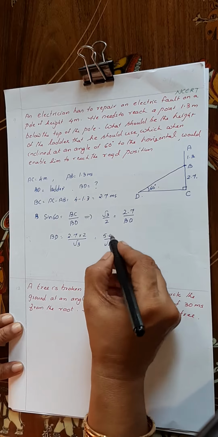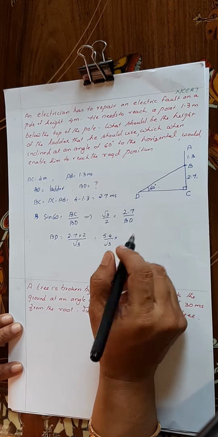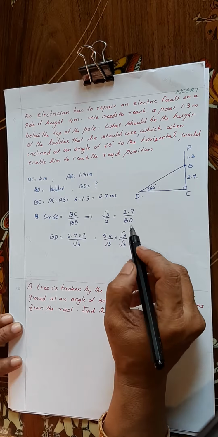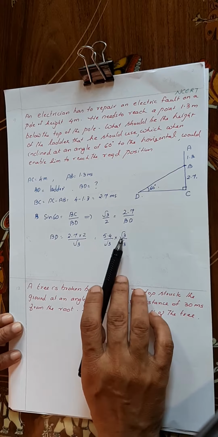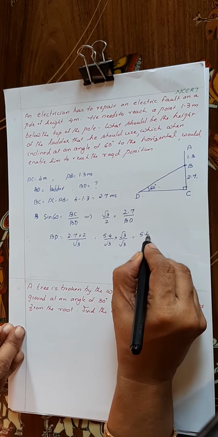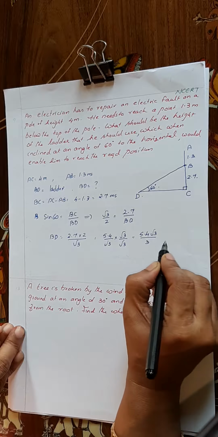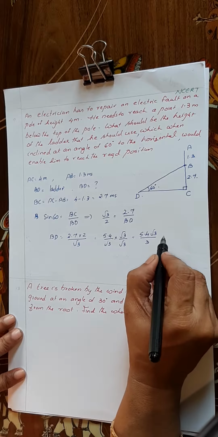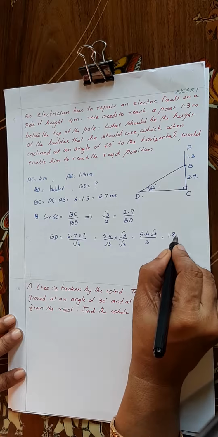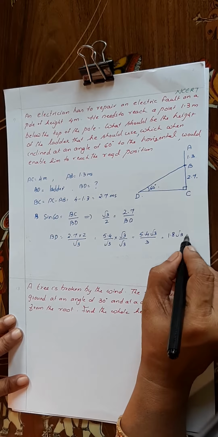This you can rationalize. Generally we don't put the root in the denominator. So for rationalizing you will multiply root 3 in the numerator and denominator. So it becomes 5.4 root 3 by 3. So that becomes 1.8 root 3 meters.